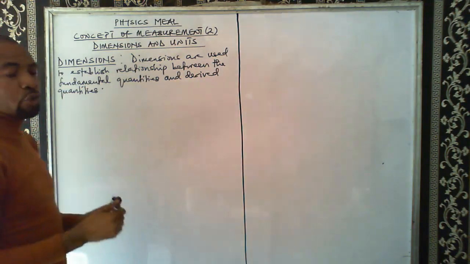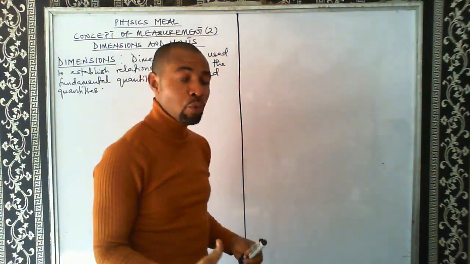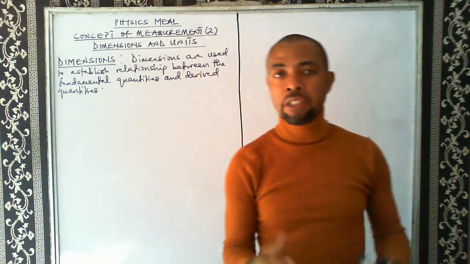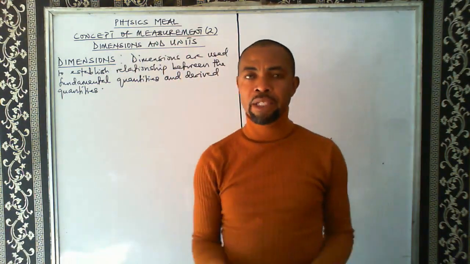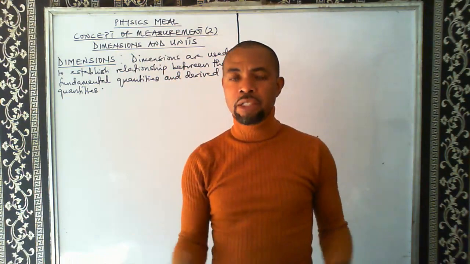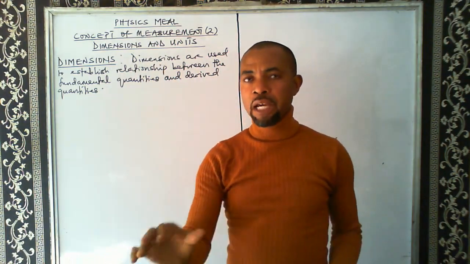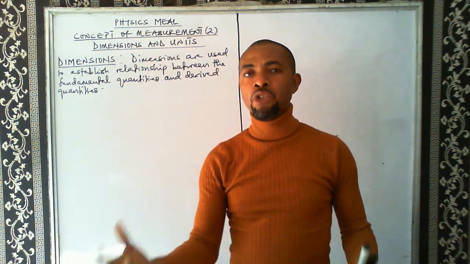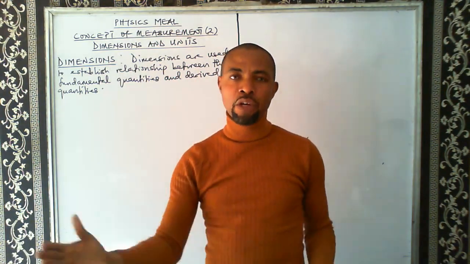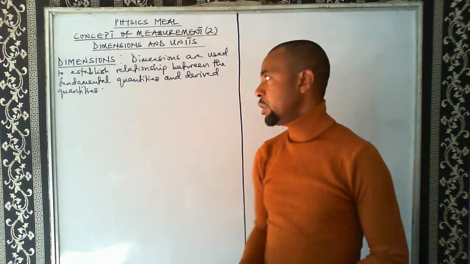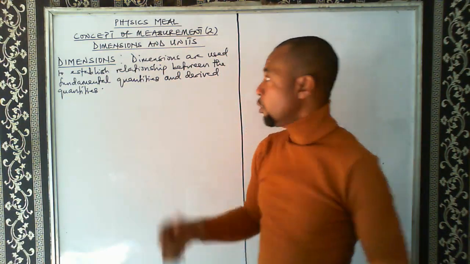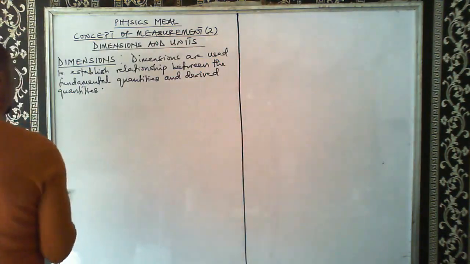So when we want to show the relationship between fundamental quantities and derived quantities, we are going to use what? Dimension. Soon we are going to see the various dimensions. Just cool down. But just know that we use dimension to establish relationship between fundamental quantities and what? Derived quantities.